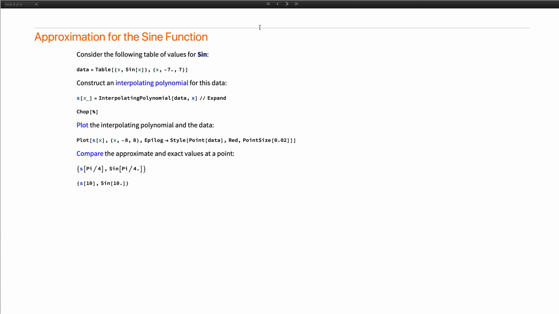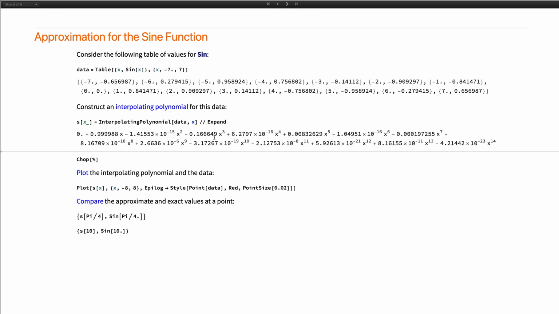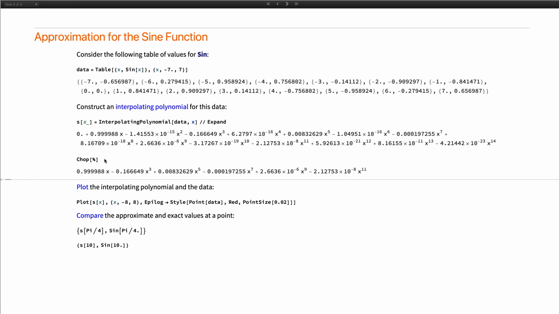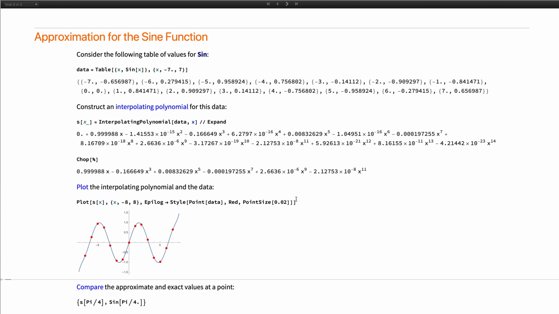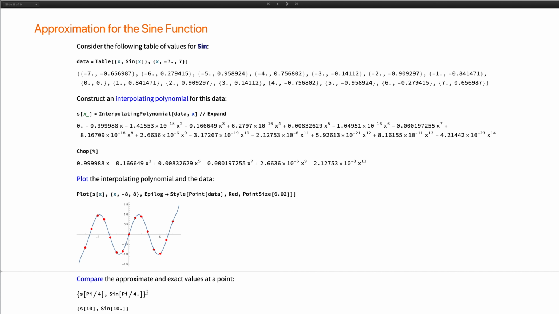Okay, a second application, I have the sine function. Now, the sine function is surely not a polynomial function, but there's some data for it. So I construct an interpolating polynomial. It looks a bit messy, so I can use the Chop function, which chops off very small parts to get a slightly more elegant expression. I can plot the data points and the polynomial, and it looks like the fit is quite nice.